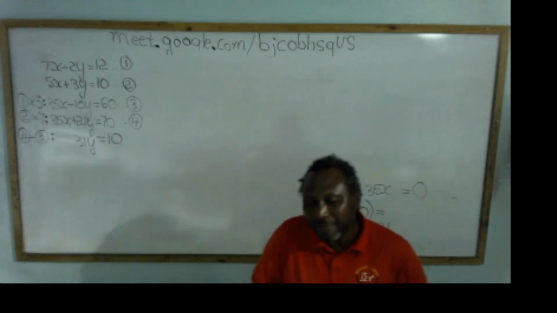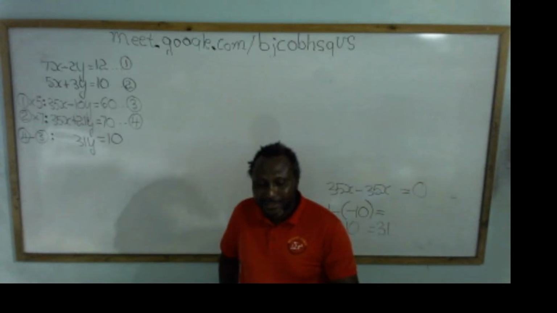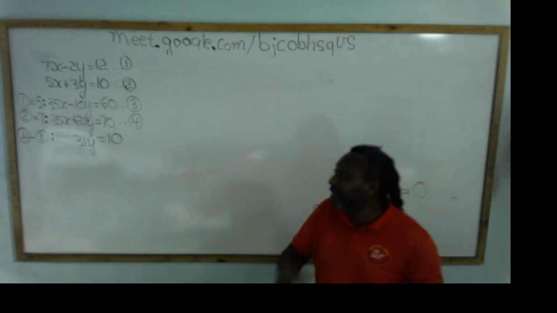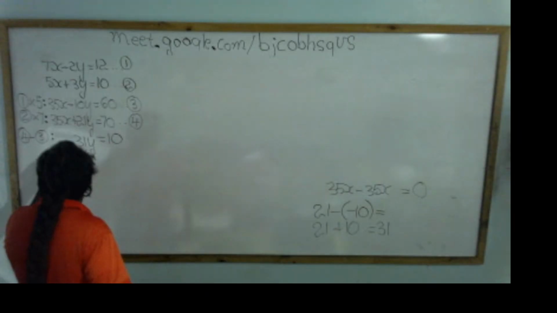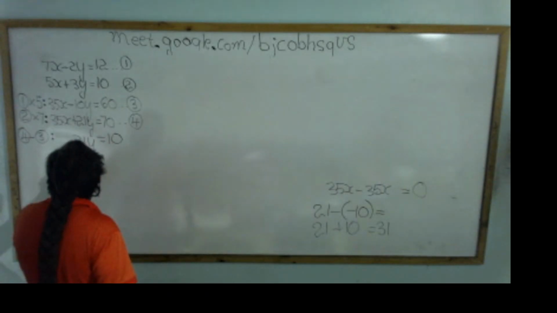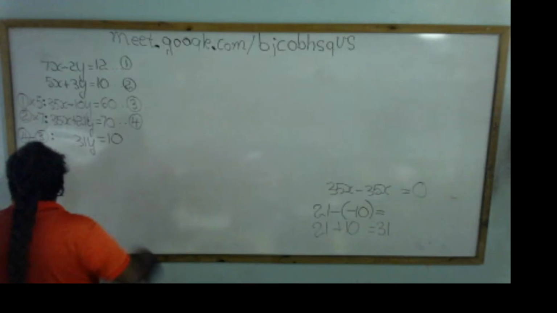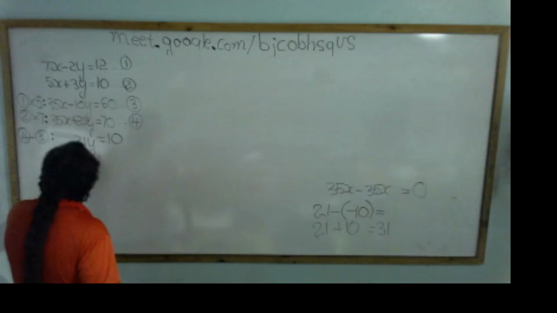Correct. Now, bear in mind that we are not solving the pair of simultaneous equations at the moment. We are actually looking at the elimination process, and we are going to take a look at this system again. So we have 7x minus 2y is equal to 12, and that is equation 1.